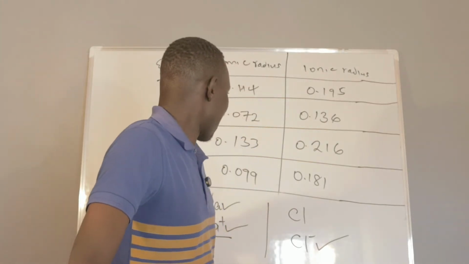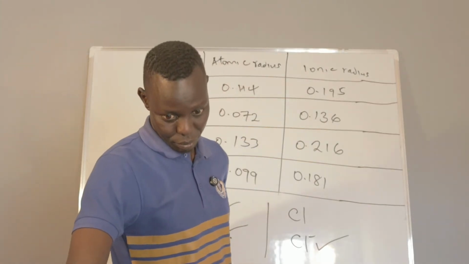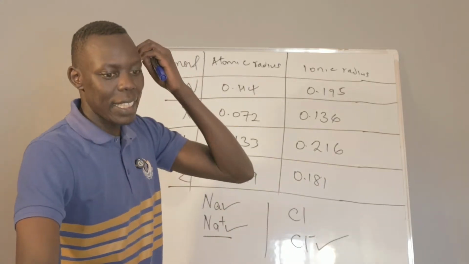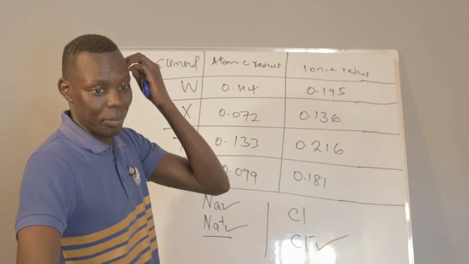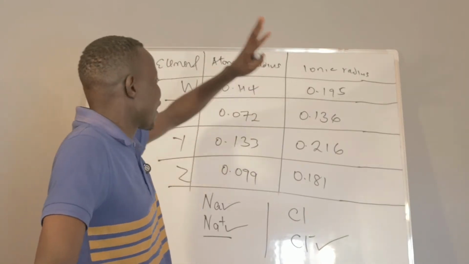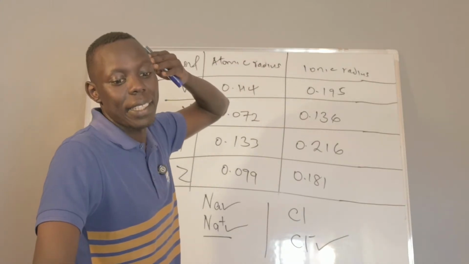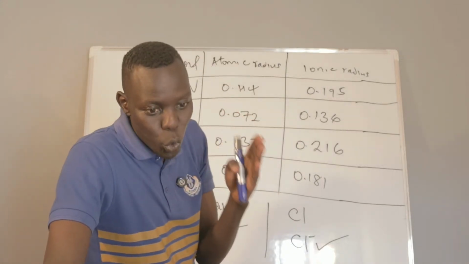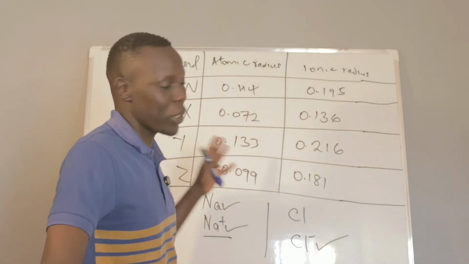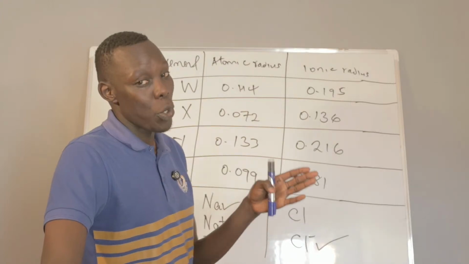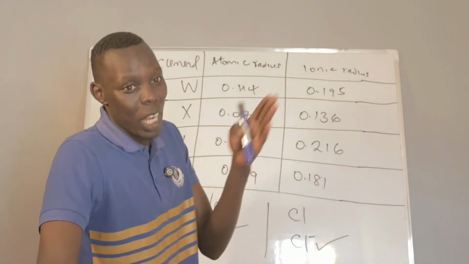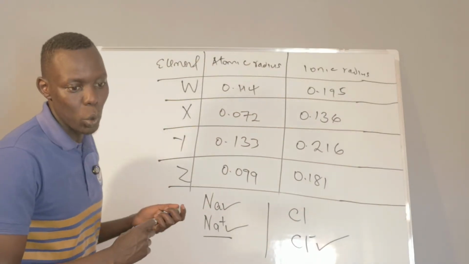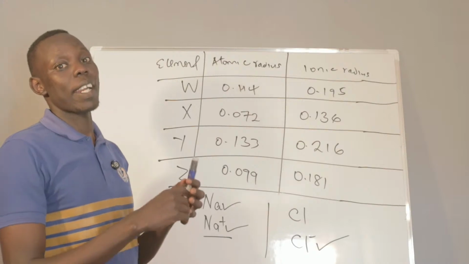Then suggest the element that is the most reactive. Look carefully. Pick one element that is the most reactive. We have understood they are non-metals. If you want to answer this question well, go to the halogens, because we know they are non-metals, so you have no business with metals now. Look at the group of halogens. How does the rate of reaction vary?